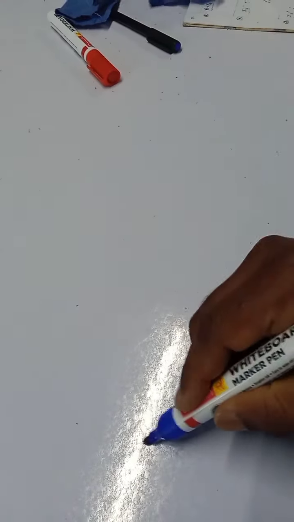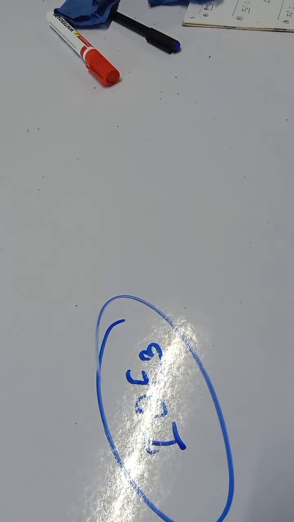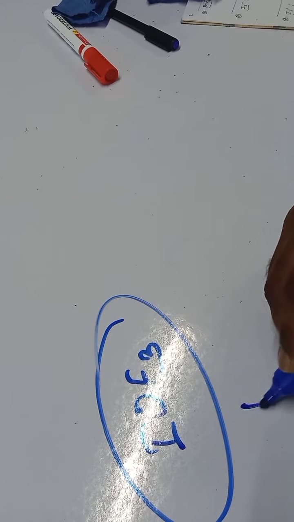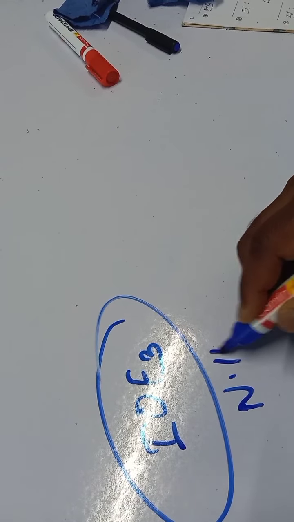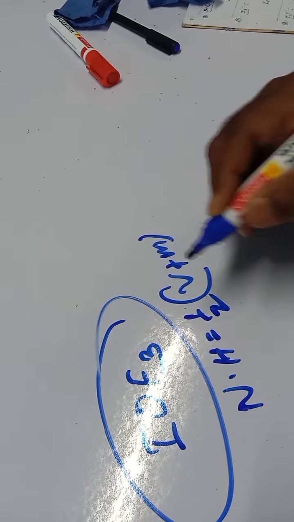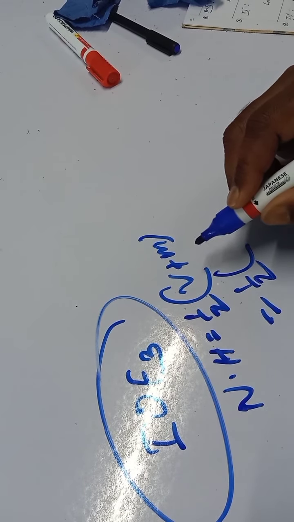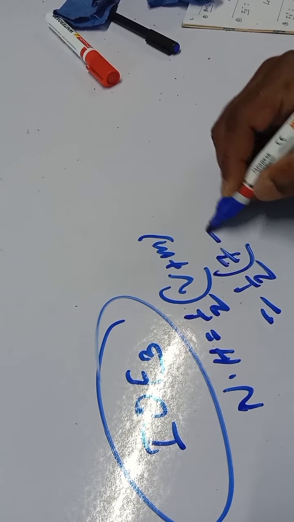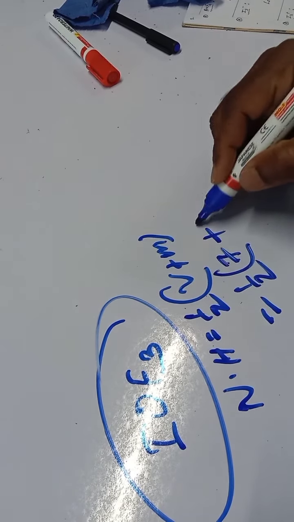Next, IOF3. First, what is the central atom? NH equal to half of V plus M. Half V means the number of valence electrons of the central atom, 7, and the number of monovalent atoms attached to the central atom, 3.